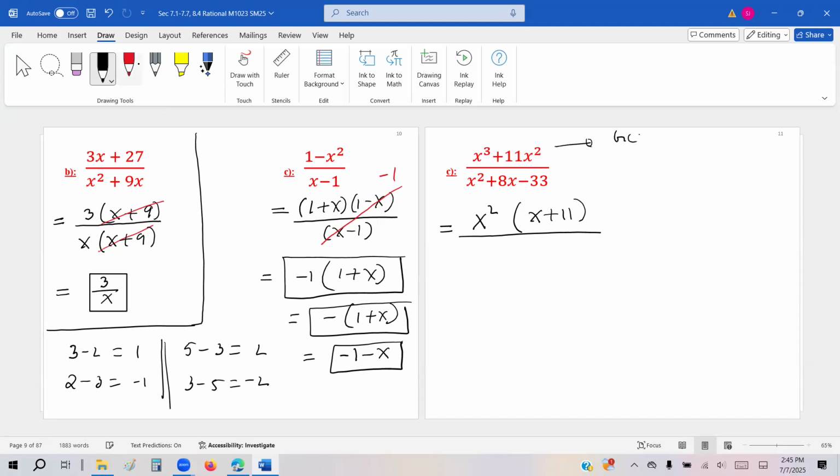So we did GCF here. And what are you going to do at the denominator? 3 terms. We have many factoring methods, right? Which method are you going to use?